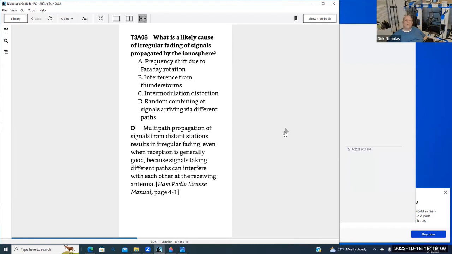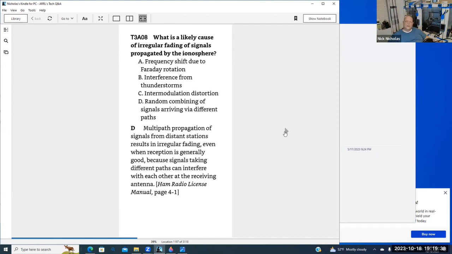What is the likely cause of irregular fading signals propagated by the ionosphere? And the answer here is random combination of signals arriving via different paths. That's multipathing. Multipathing propagation, different signals come from different paths. And because some paths are sometimes longer than others, even though it's not perceptible to the human ear, signals can arrive at slightly different times.